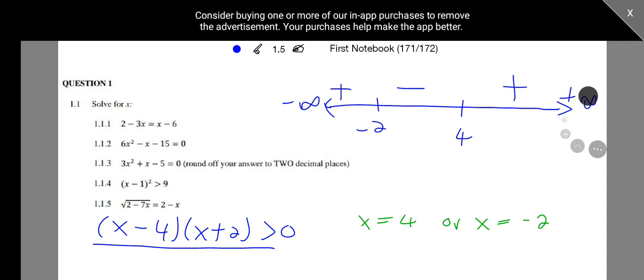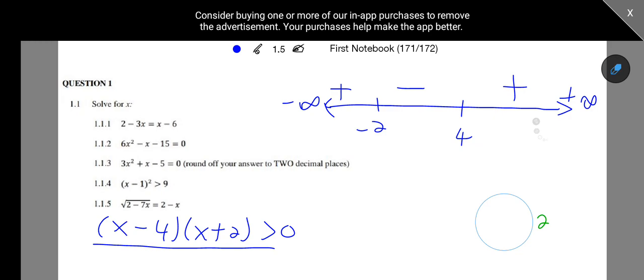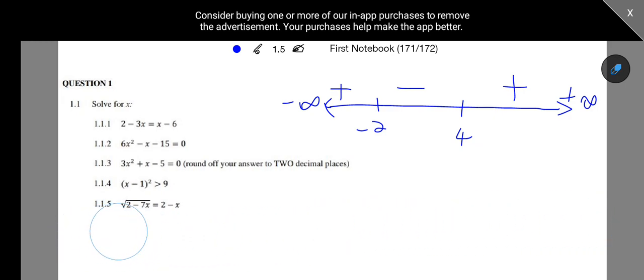So what does this mean? This tells us that we will find the solutions for the positive inequality in the range where x is less than negative 2. Right. Don't include the boundaries.